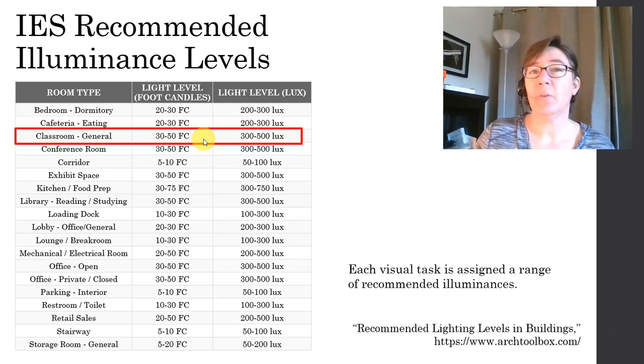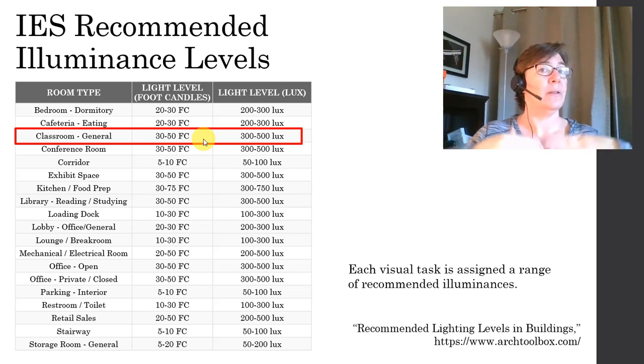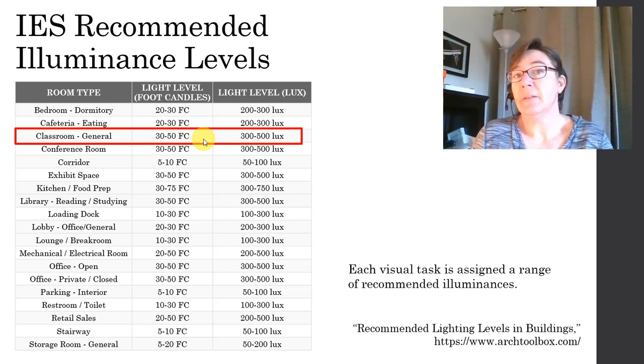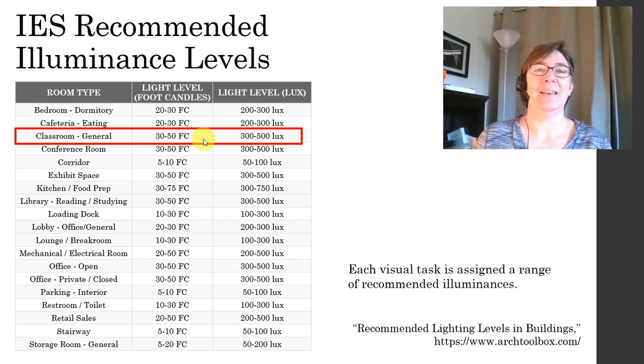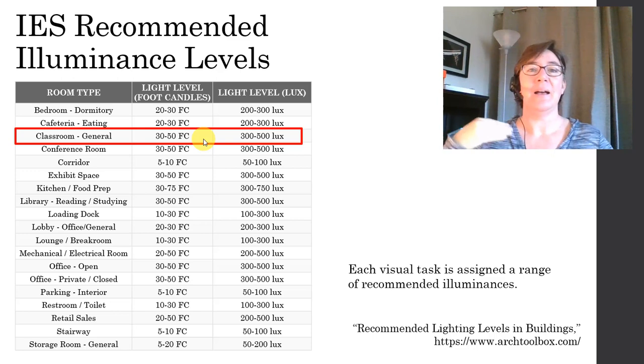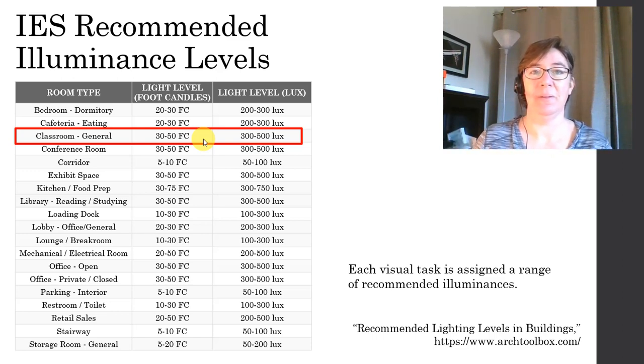Our almost 29, oh, so we're just at the bottom of that level. But also remember that one of the factors you need to take into account in the range is the age of your client or your target audience. So perhaps this is an elementary school classroom and we have some very young clients in there. Using the bottom end of the range would be perfectly acceptable.